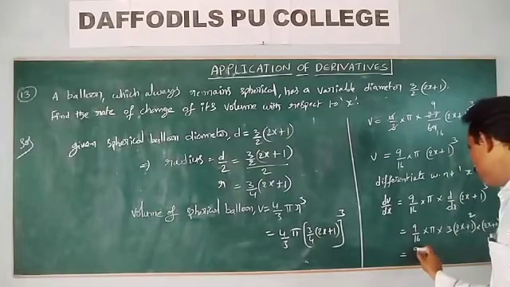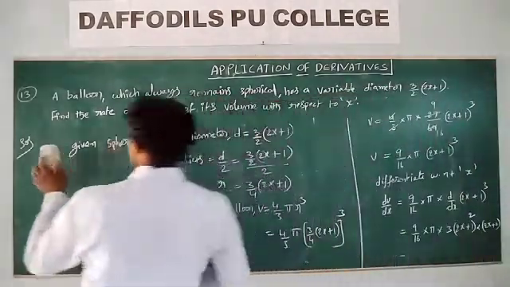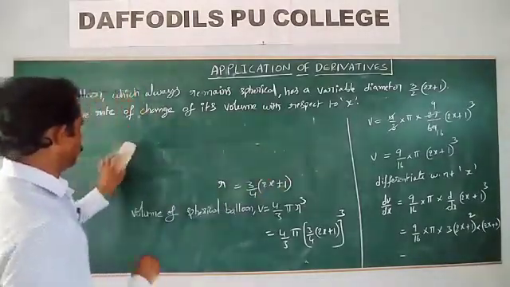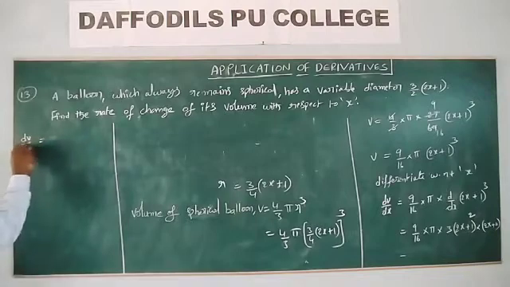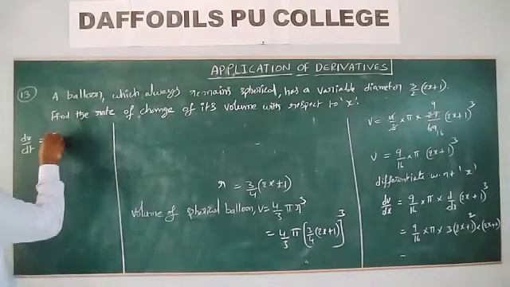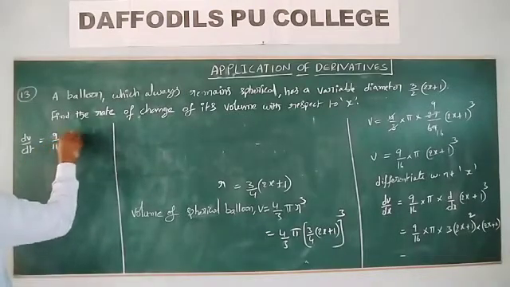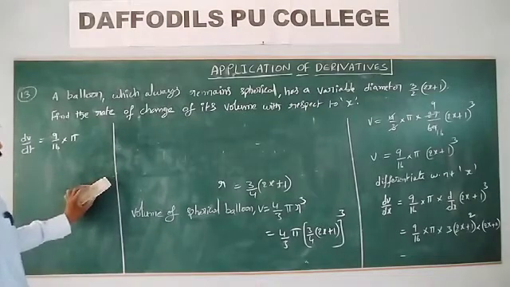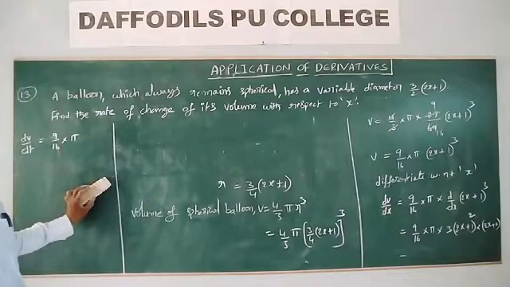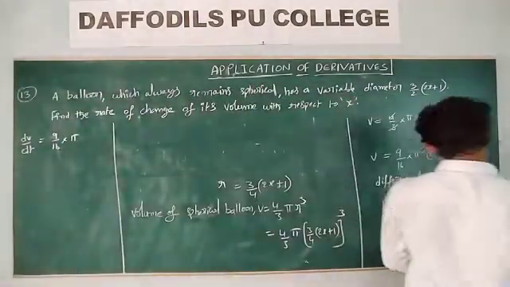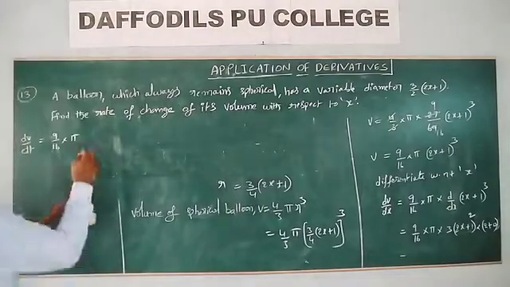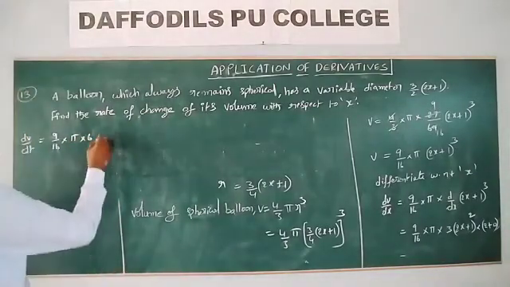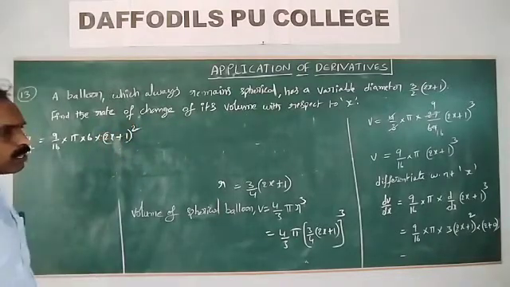So dV by dx is equal to 9 by 16 into pi into 3 times 2, which is 6, into 2x plus 1 whole square.